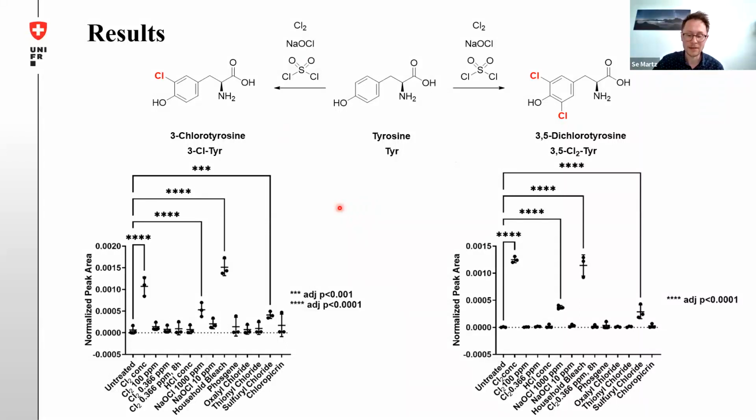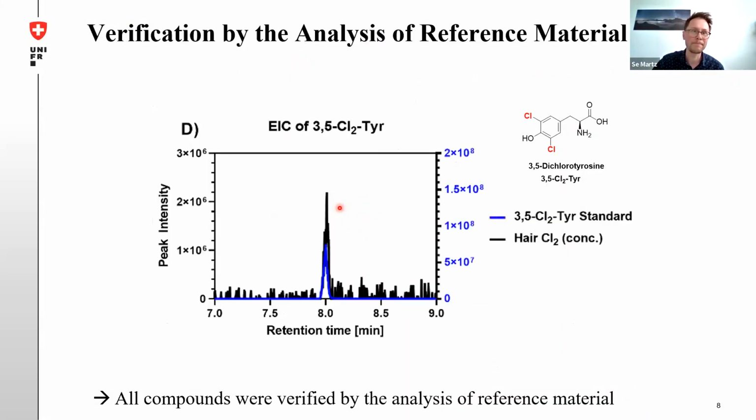And as I said in the introduction, the verification is also very important, and we verified the presence of these chemicals by using reference material, and so we had a good overlap, and we carried out this step for all compounds in our targeted analysis.